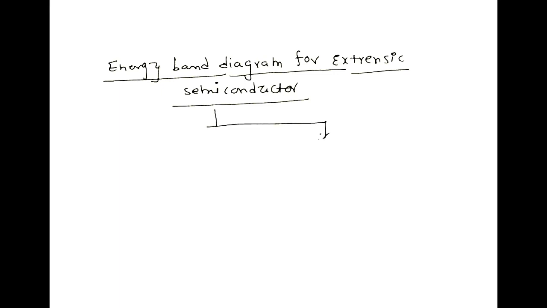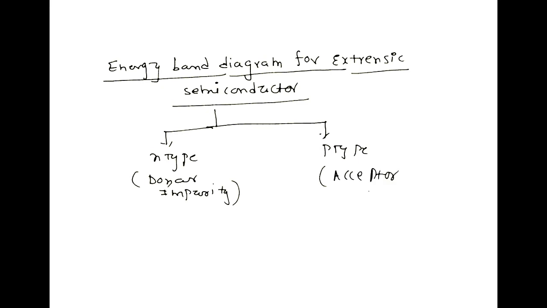We have two types, N type and P type. N type is a donor impurity, P type is an acceptor impurity. Here majority carriers are electrons. Here majority carriers are holes.